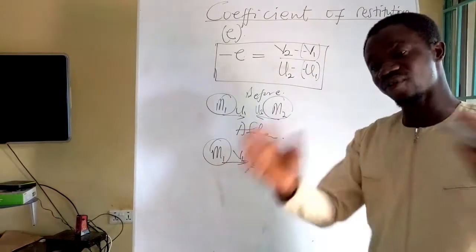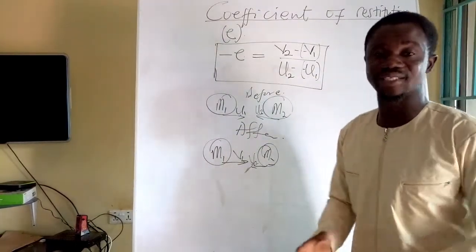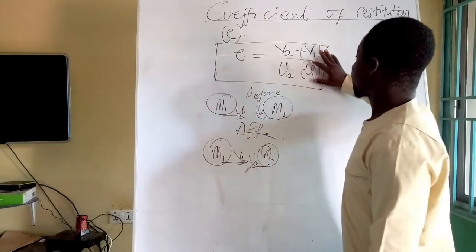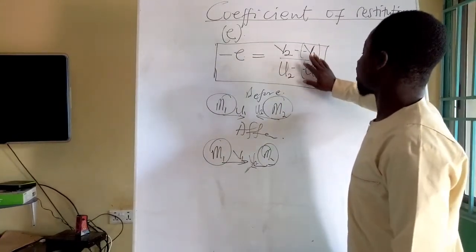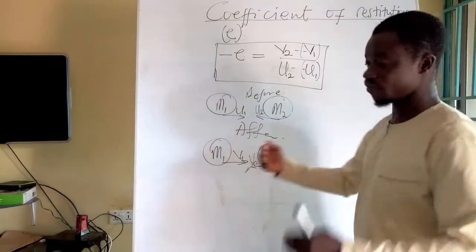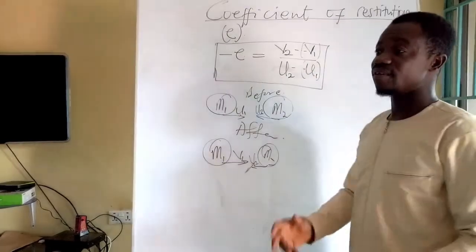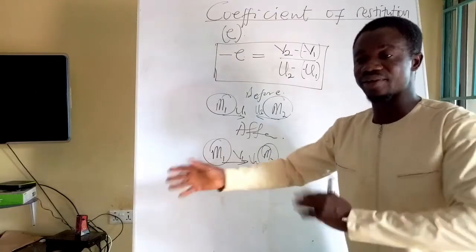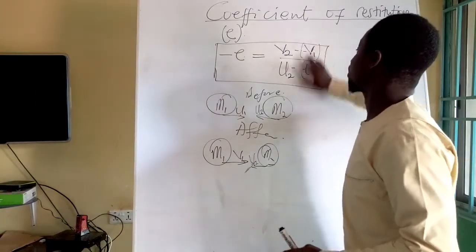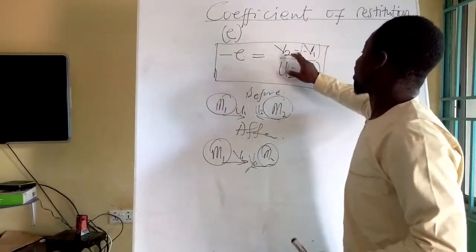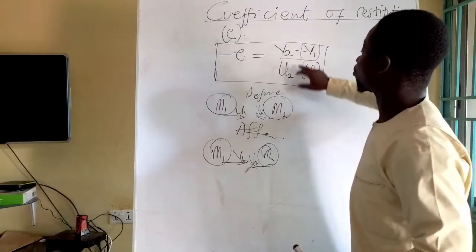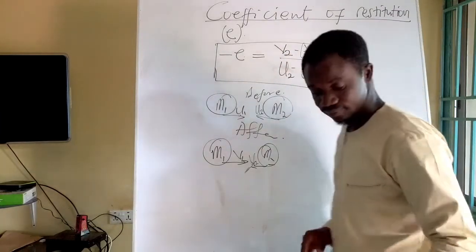All I'm trying to say is that when the two bodies collide such that they initially move in opposite directions, then one of the velocities must be negative. If they initially move in the same direction, then both velocities will be positive. But the formula is such that we find a change, so these negatives are always there.